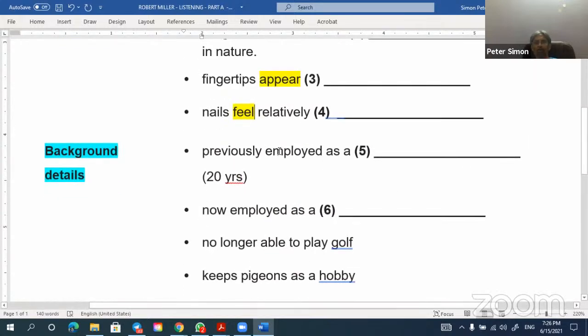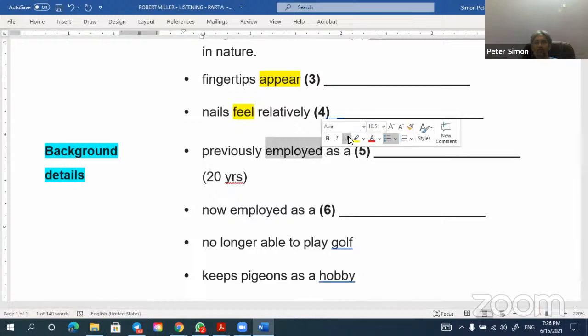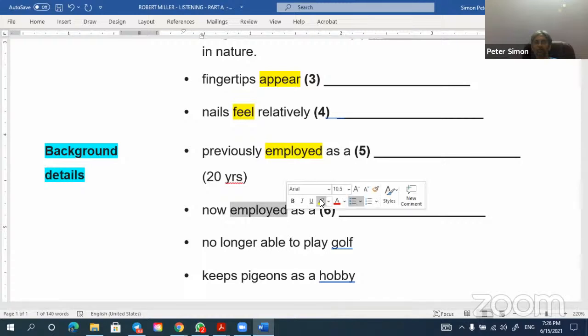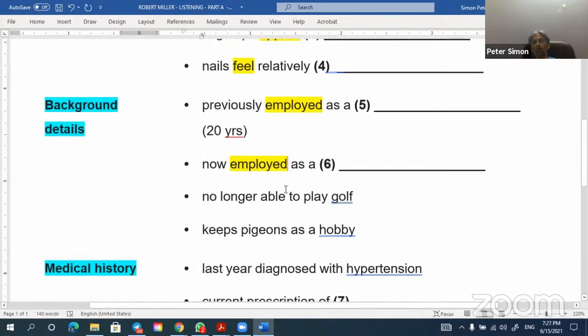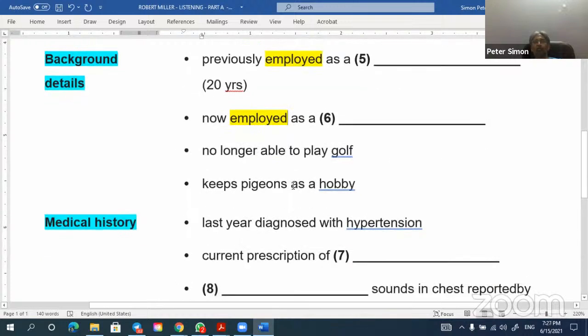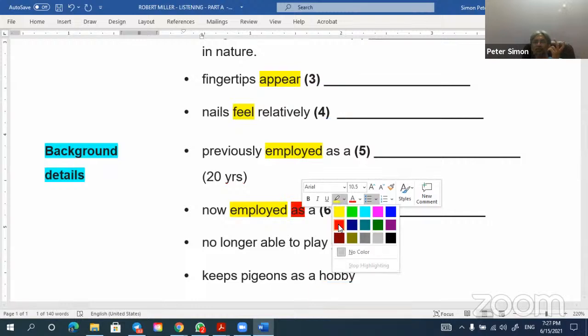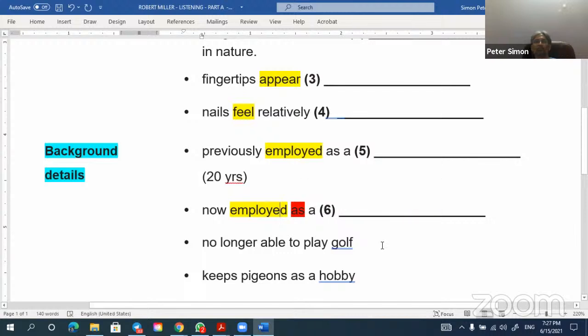Previously employed is a verb. I'm just showing you the topmost tricks today. Now employed. No longer able to play. Able to play. Now you see, mostly you will have some special words like as. Normally people don't give importance to this word as.